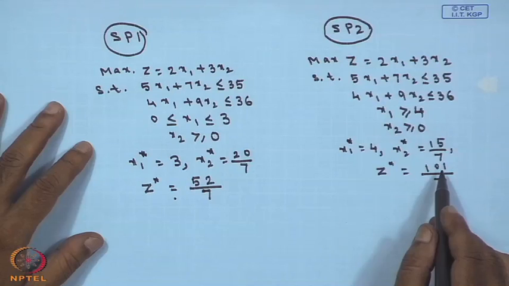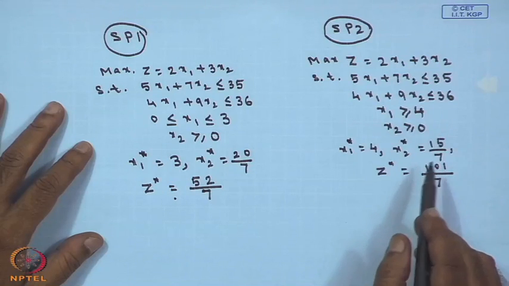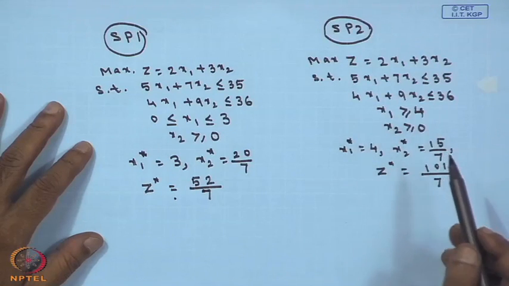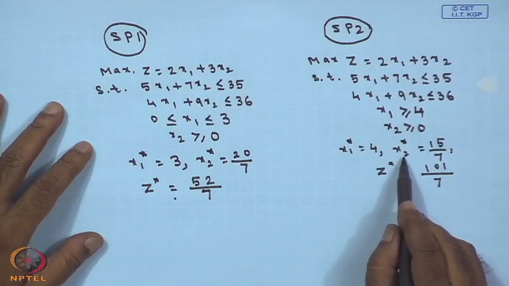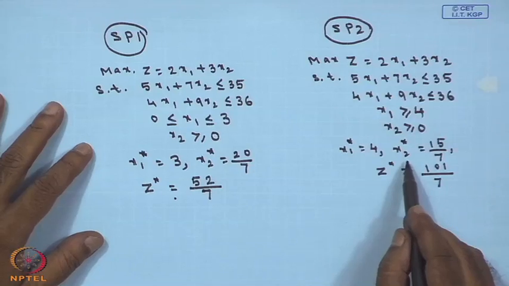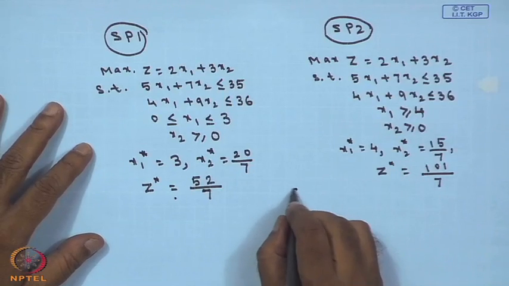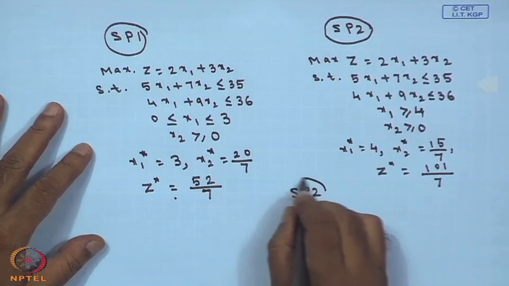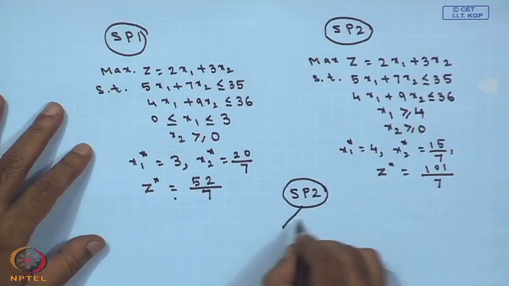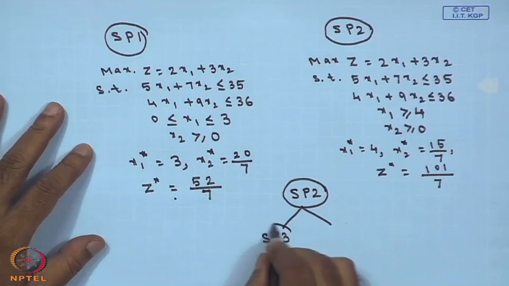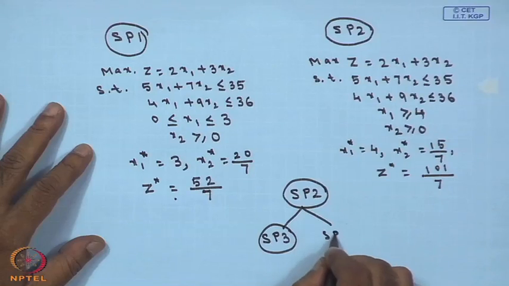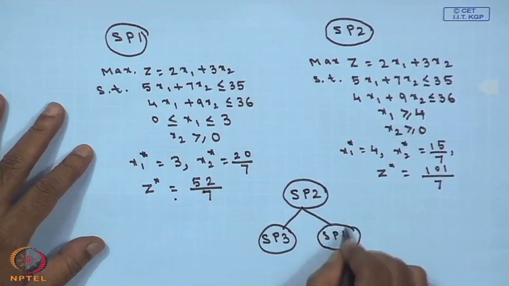Now I have to check SP2. For SP2 I have only one variable whose value is non-integer. So, I have to impose a condition on x2 only. I will break this SP2 into two subproblems, SP3 and SP4.